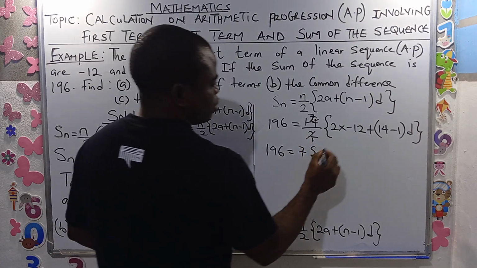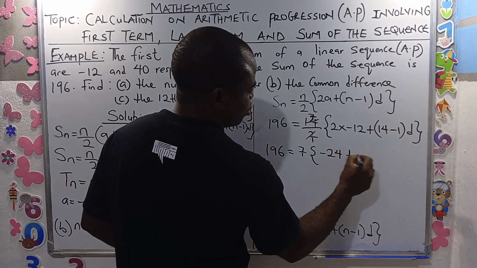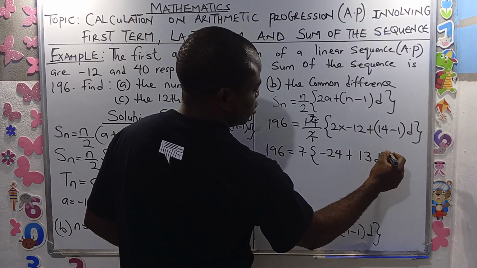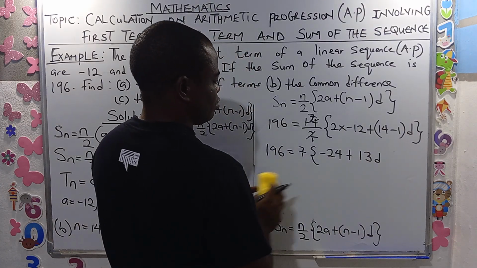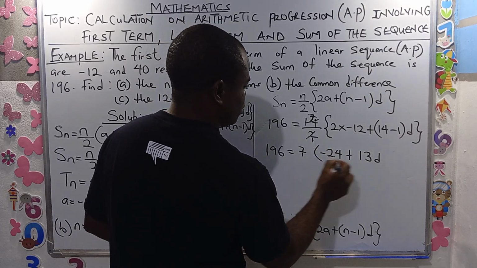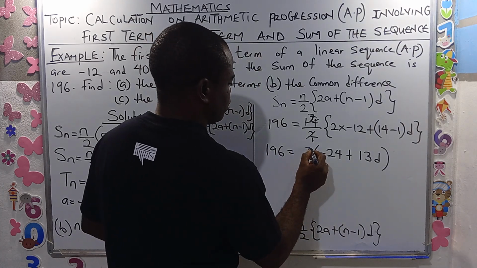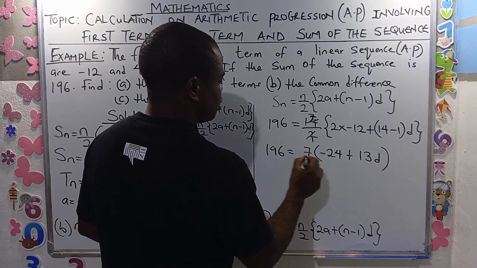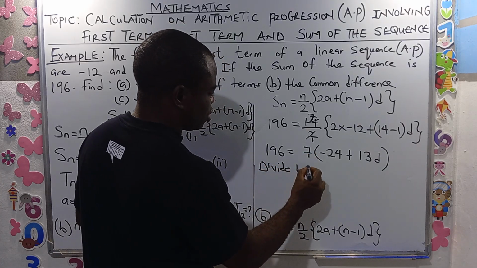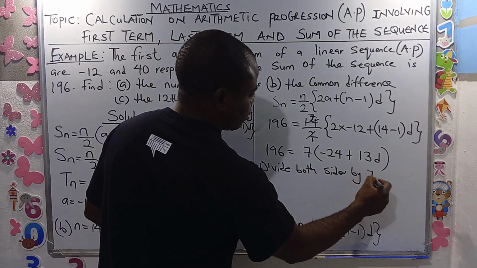open bracket, 2 times minus 12, that's minus 24, plus 14 minus 1, that's 13d. Okay, now divide both sides by 7.